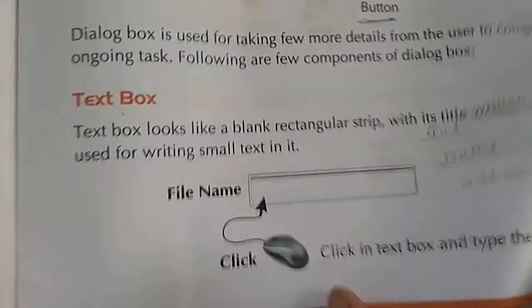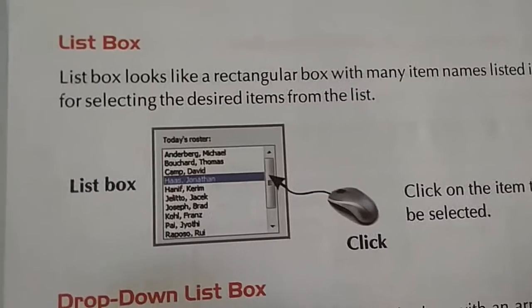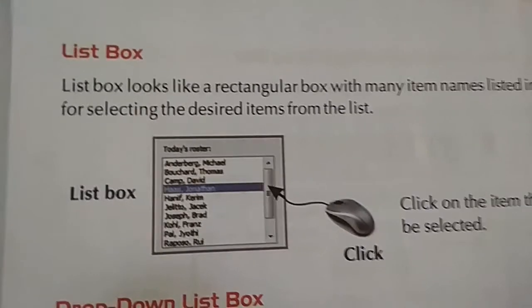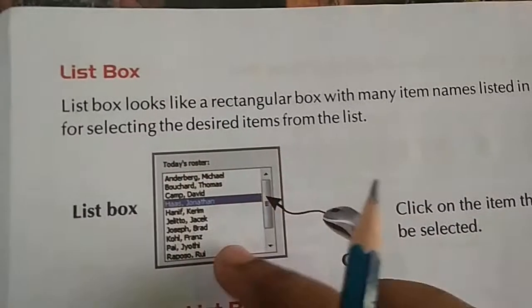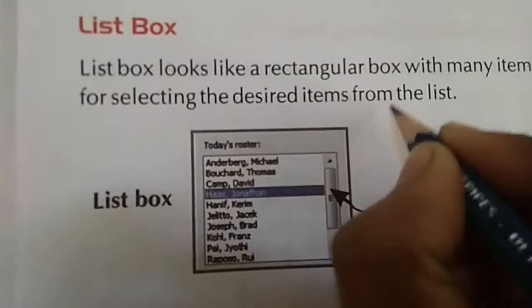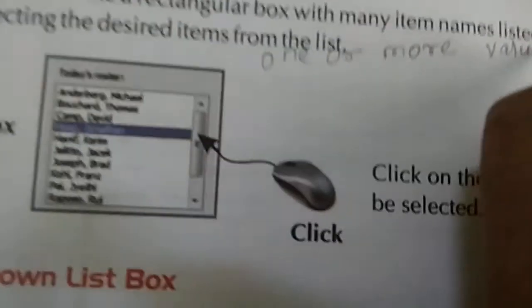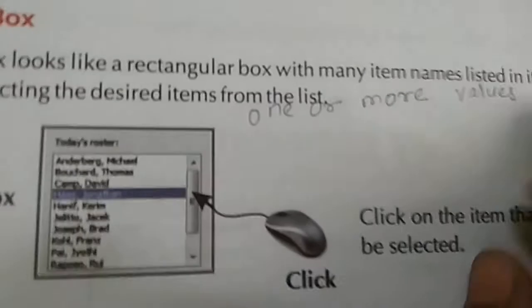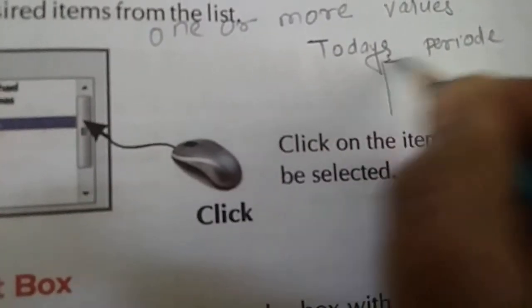Next one is a list box. A list box is also a graphical control element that allows the user to select one or more values. For example, here today's period, and this is a list box.